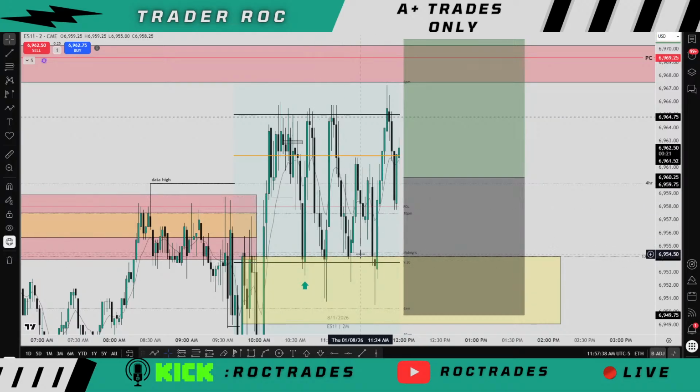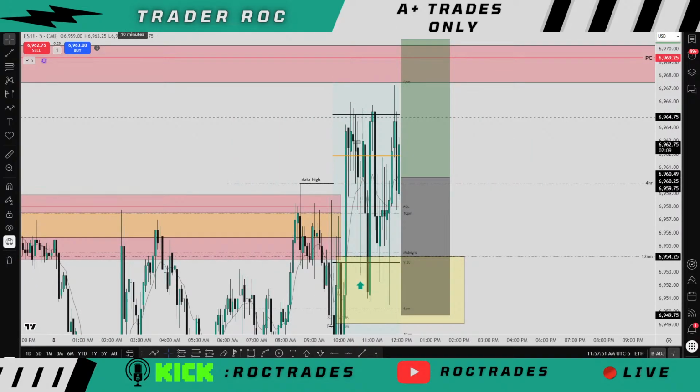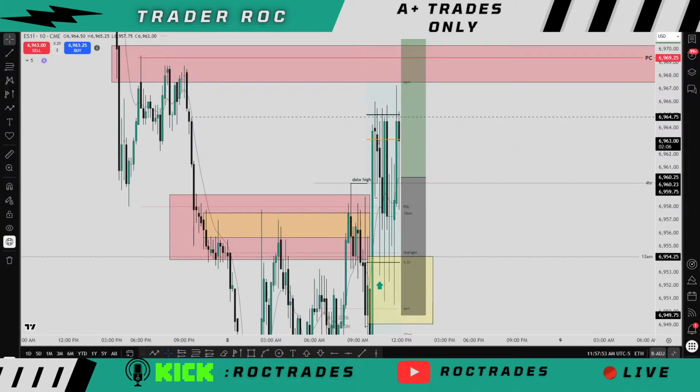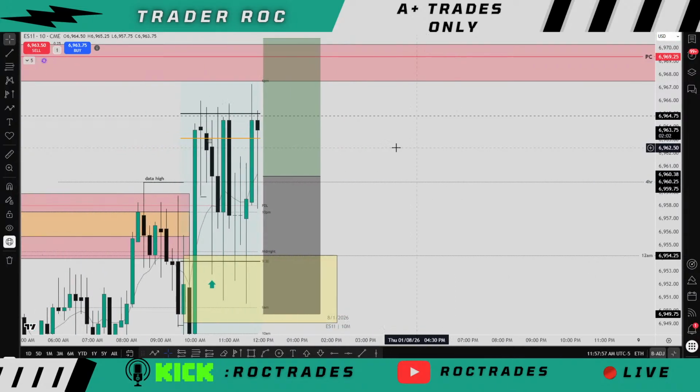You also see the value area low holding up. But because we're in bullish territory, I like for this value area high to be broken, right? See if we get any strong closure. Nothing yet. So it's amazing, bro. Price is really trapped inside of this value area high, value area low, point of control.